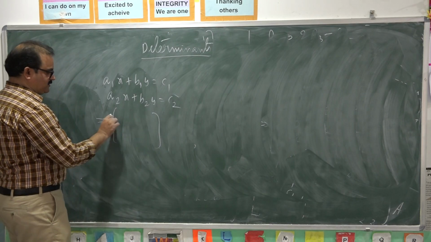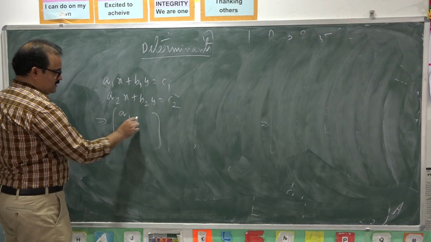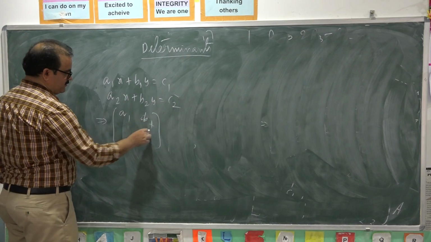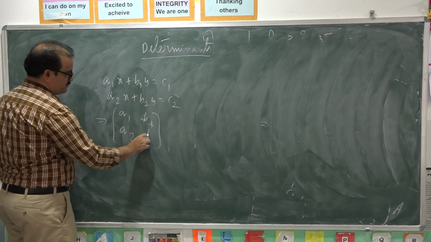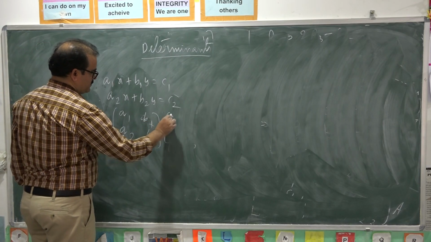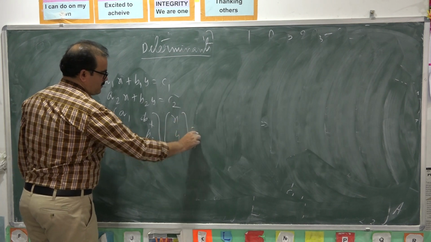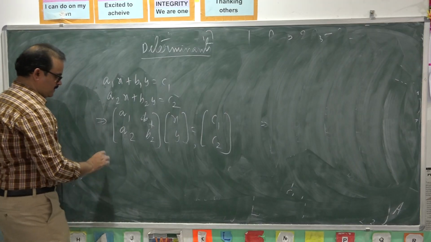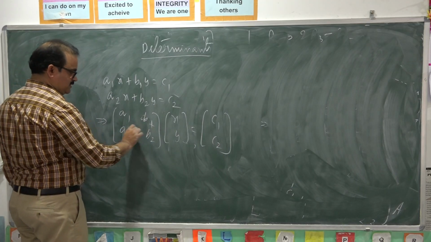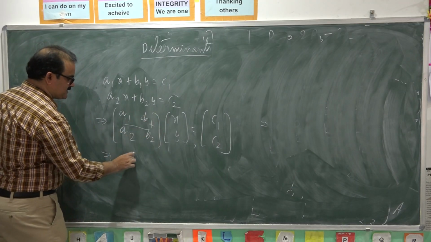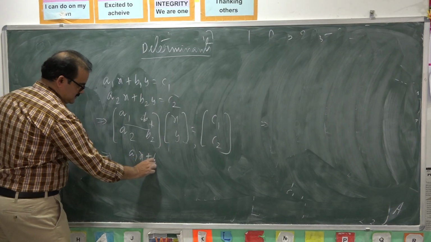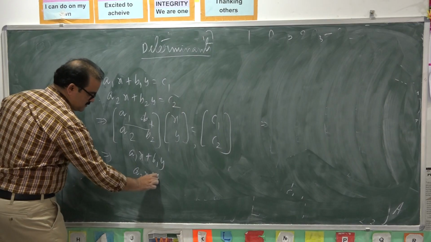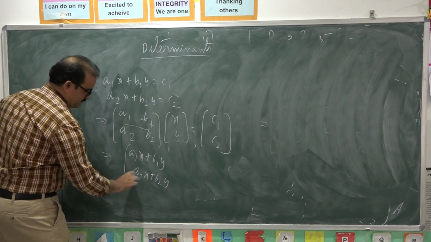You write these two equations, take the coefficients a1, b1, a2, b2. On multiplying these two matrices, what we get? a1x plus b1y, next a2x plus b2y.